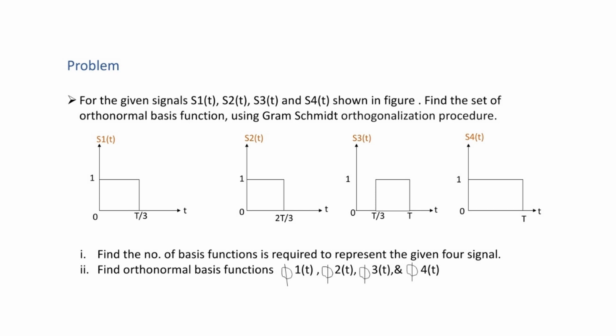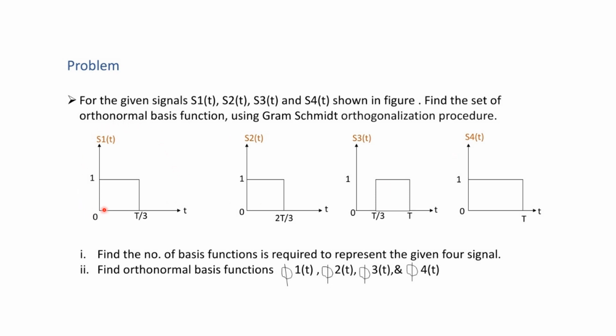Now we'll discuss a problem on Gram-Schmidt orthogonalization. For the given signals S1 of t, S2 of t, S3 of t, S4 of t as shown in the figure below, find the set of orthonormal basis functions using the Gram-Schmidt orthogonalization procedure.